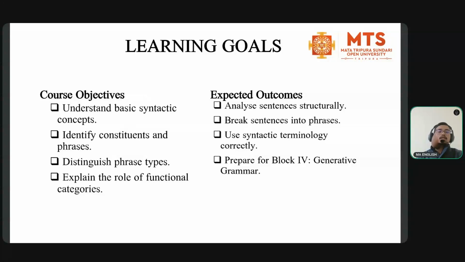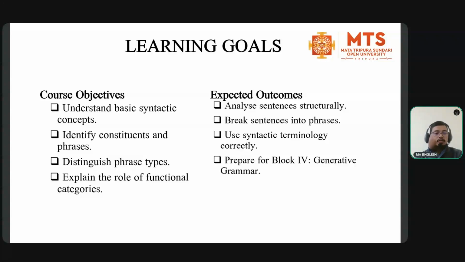The third goal is to help you distinguish different phrase types, such as noun phrases, verb phrases, adjective phrases, adverb phrases, and prepositional phrases. Another important goal is to help you explain the role of functional categories such as determiners, tense markers, and complementizers.